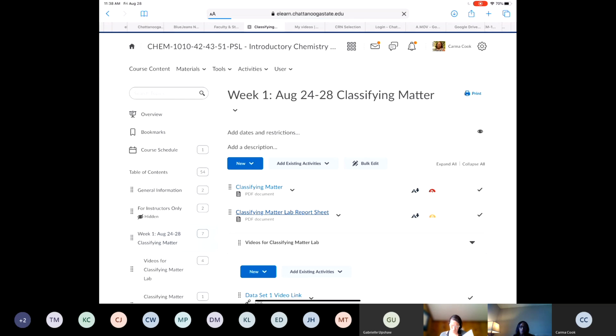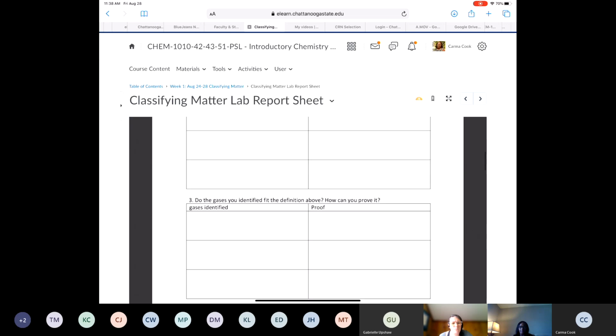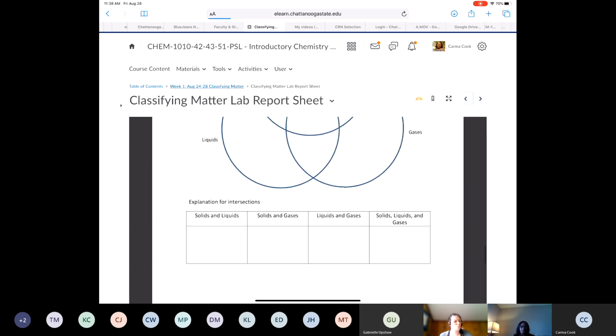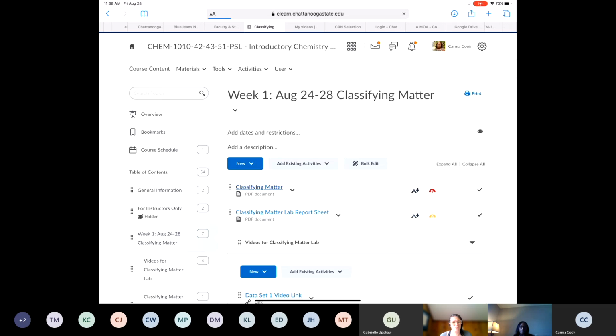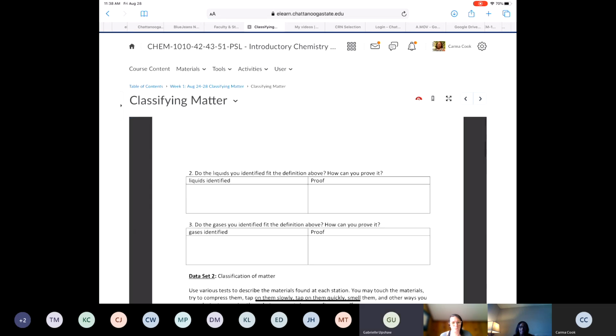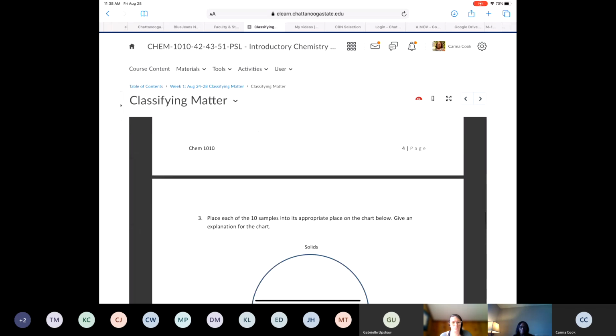This is all I want you to turn in to the Dropbox for a grade, is the report sheet. But you also need to download each week the full document that gives you all the instructions for the lab. So this is the procedure and data sheet.